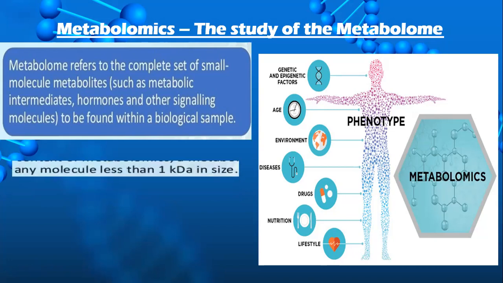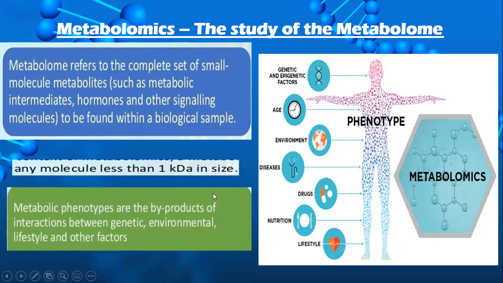You can define a metabolite as any molecule that is less than 1 kilodalton in size. Metabolic phenotypes are the byproducts of the interactions between the environment, the genetic processes, and also the lifestyle factors. The interactions between them will give you a phenotype.